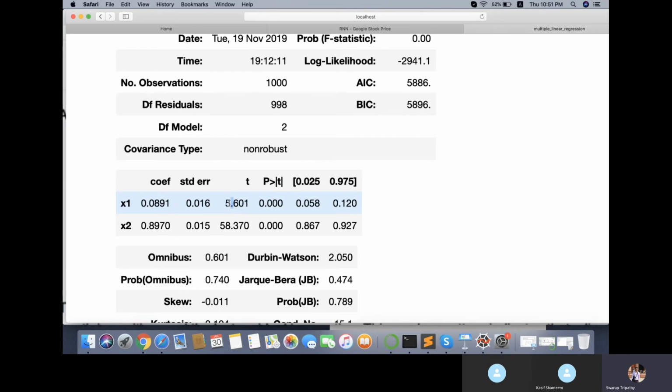So here in this case, if the p-value is less than 0.05, then it's a good contributor. By default, the null hypothesis says that these are all not good contributors individually towards your dependent variable. So we will reject the null hypothesis if the p-value is less than 0.05.